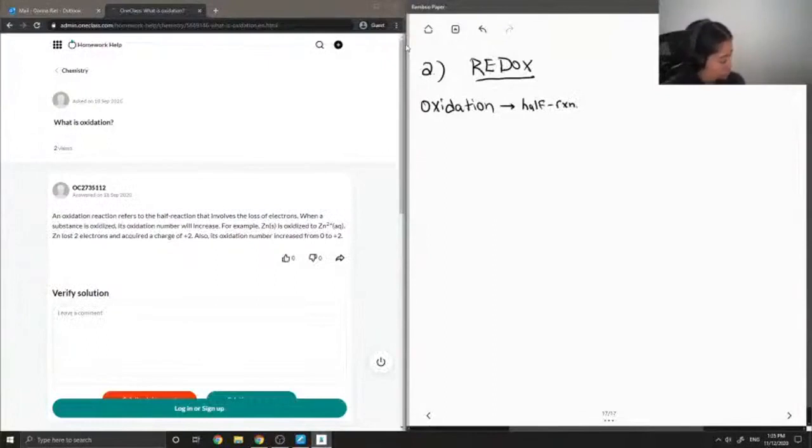Okay, so moving on, half reactions involve the loss of electrons, whereas a reduction reaction, which is also a half reaction, involves the gaining of electrons.